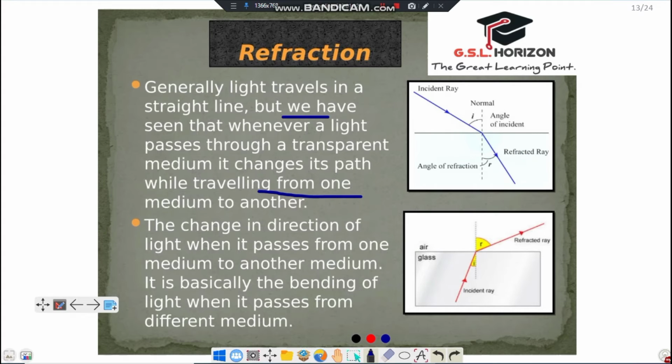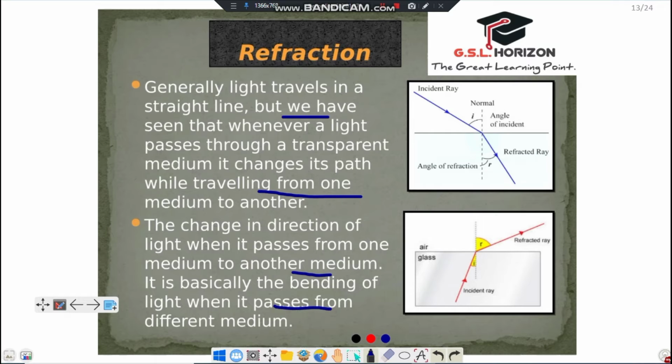So we can say that the change in direction of light when it passes from one medium to another is basically the bending of light when it passes through a different medium. So we can say that this is refraction.